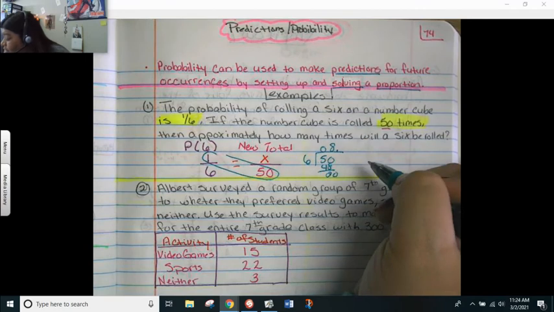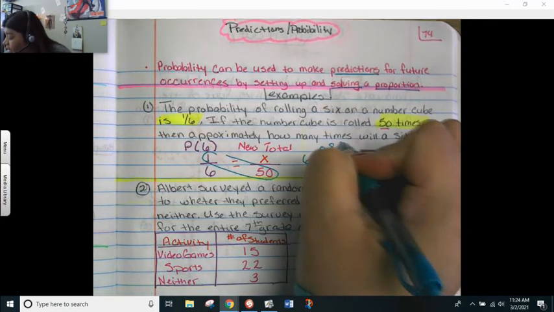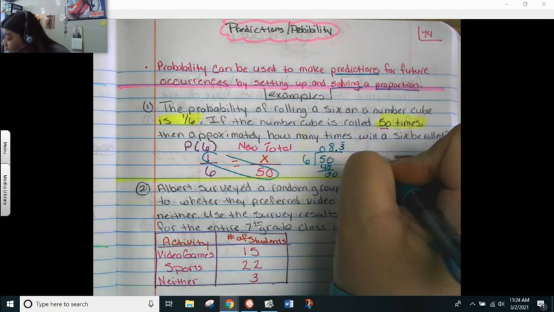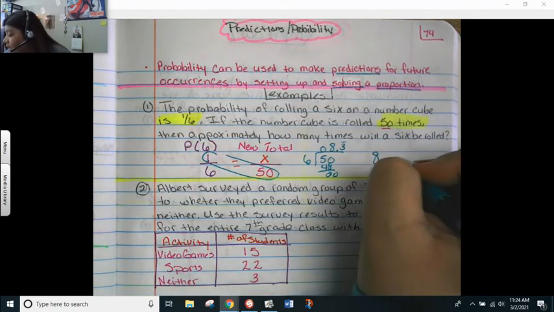So it's pretty much going to be 8 and a third, 8.3 repeated. I'm just going to round to 8. So I can predict that I will get it 8 times.